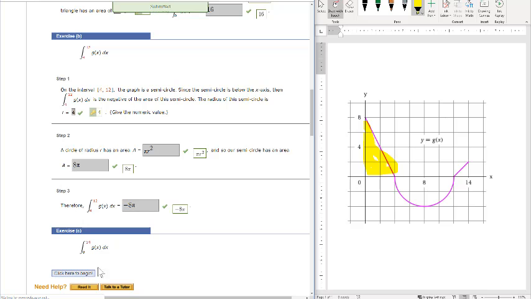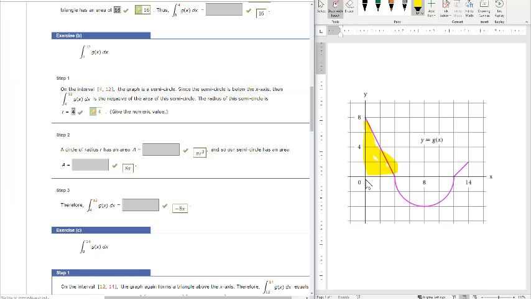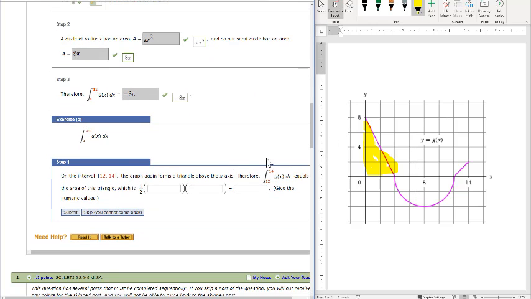Okay, now the integral from 0 through 14. We found the area from 0 to 4 and from 4 to 12. So now the area from 12 to 14 is going to be another triangle.